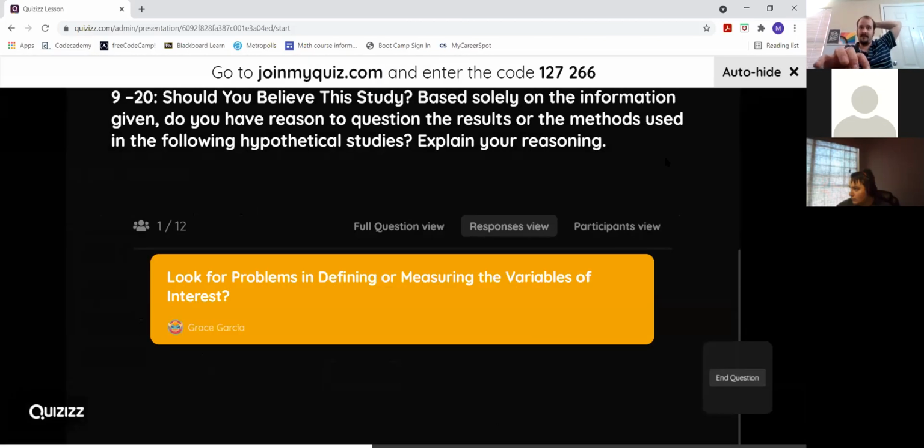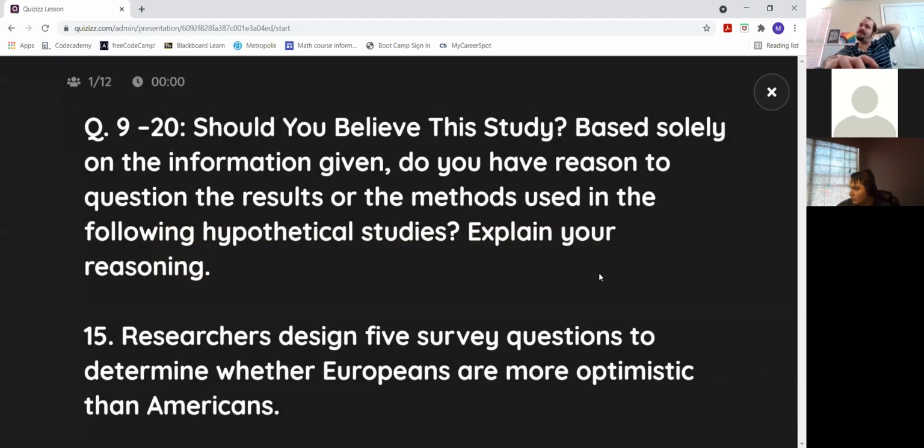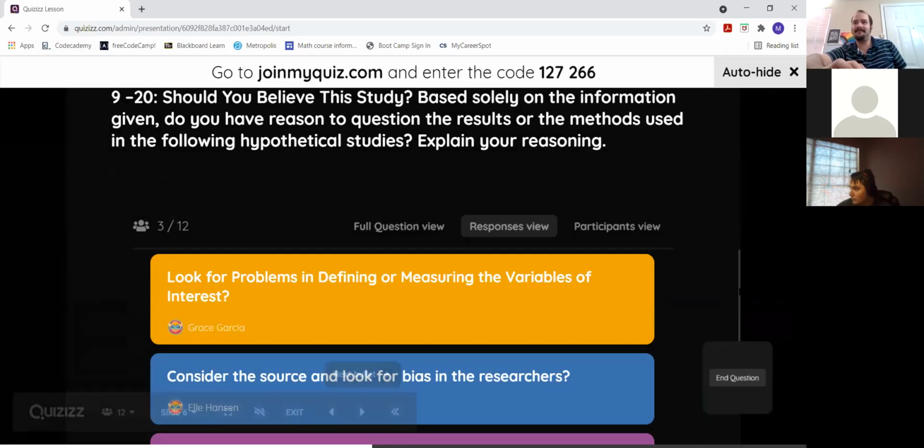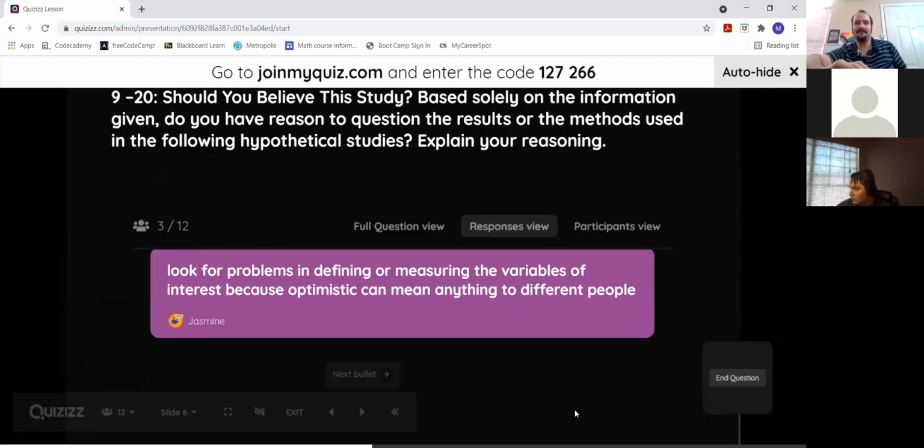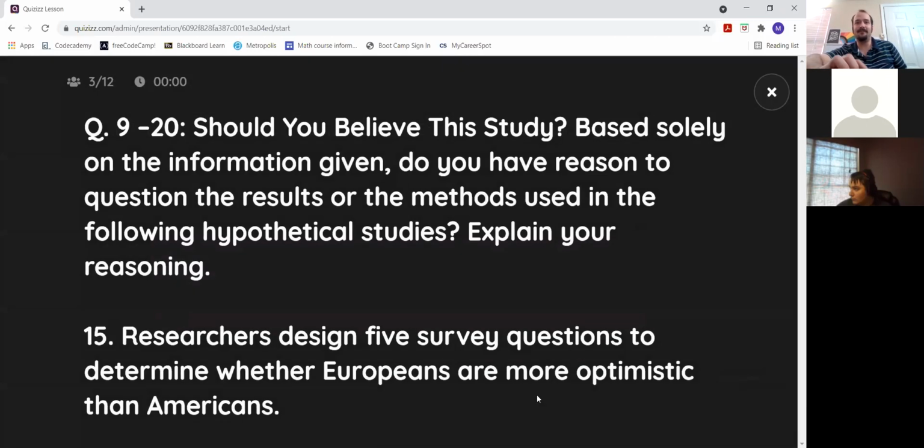What are you saying? Defining or measuring variables of interest. So how does that apply to this? Is that true?